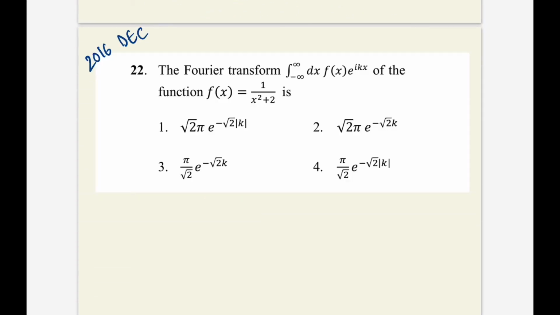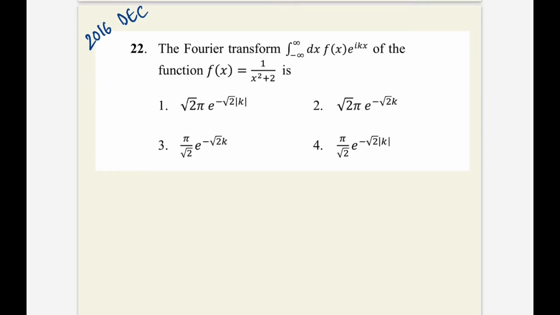So our next question is from December 2016. The Fourier transform, the integral from minus infinity to infinity of dx f of x e to the power minus i k x, of the function f of x equals to 1 over x square plus 2. So what we will do in this question is, in order to solve this integral, we can use the complex integration technique, where we first replace x with z.